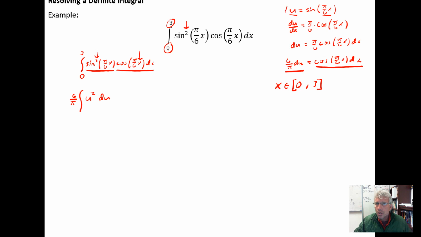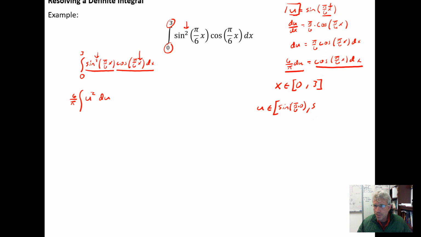But u is equal to sine pi over 6x. So variable u is actually going to run over the closed interval from sine pi over 6 times, and then it's x, so I'd replace the x with 0, comma, and then when x is equal to 3, we would put a 3 in for the x here.